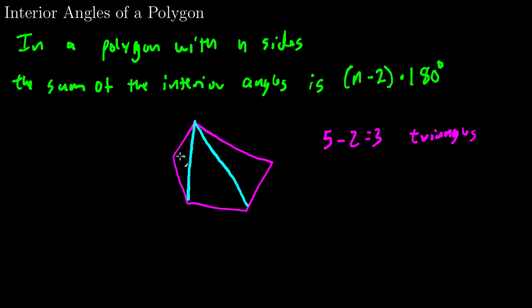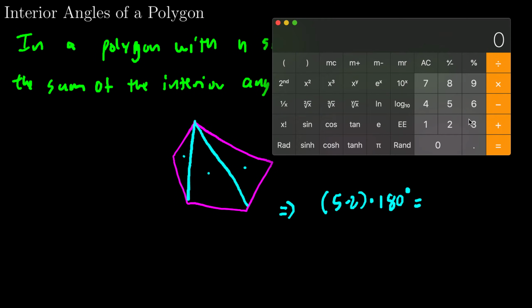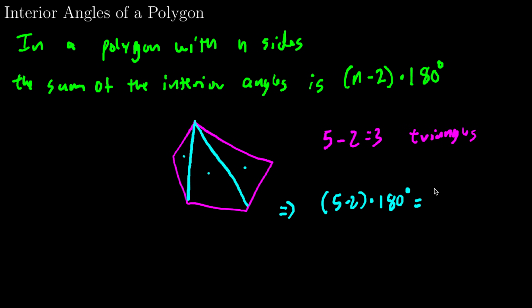I know that for this triangle the angles add up to 180, for this triangle the angles add up to 180, and for this triangle the angles add up to 180 degrees. And so that means I have 5 minus 2 times 180 degrees. 5 minus 2 is 3. 3 times 180 is 540. And so I have a sum of 540 degrees inside my polygon.